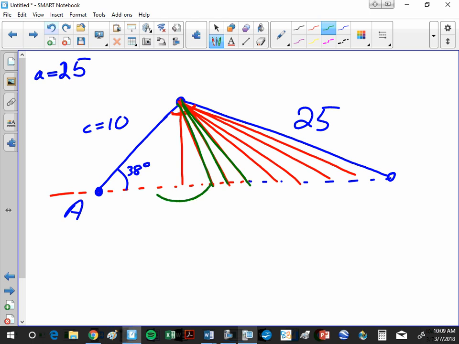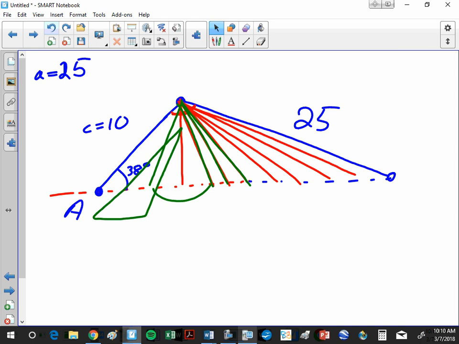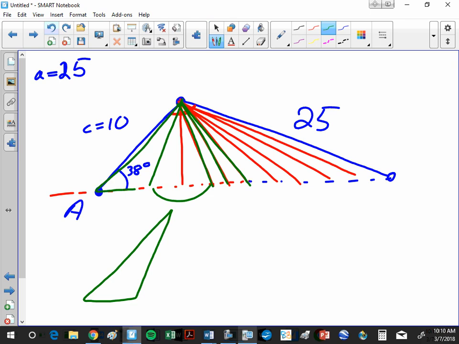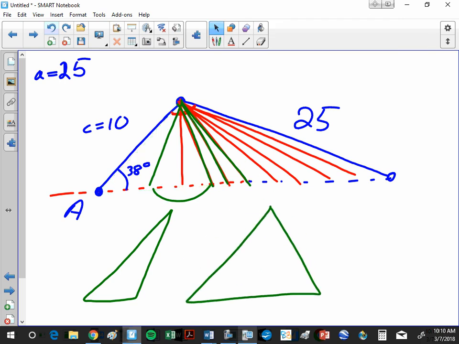Couldn't I flip this over here and still have a triangle? I have this triangle here, angle, side, side. And I have this triangle, which uses the exact same definition.